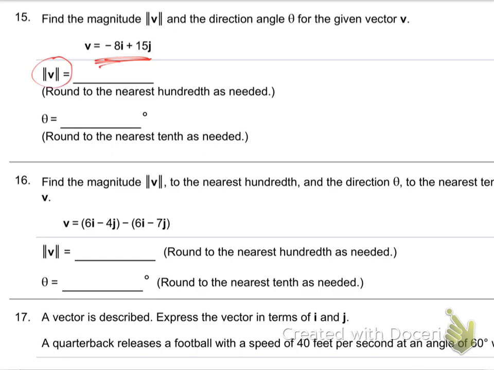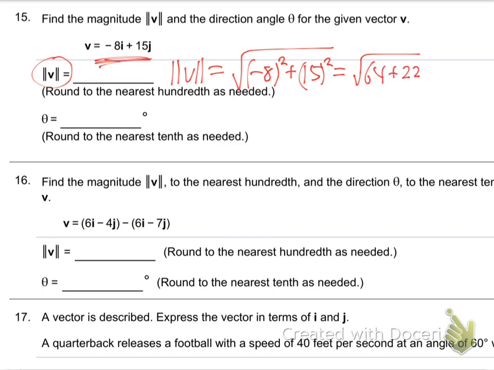First off, we need magnitude. That you know, right? How do we find magnitude? Pythagorean theorem. Square root of a squared plus b squared, right? Square root of negative 8 squared plus 15 squared. That's 64 plus, is that 225?